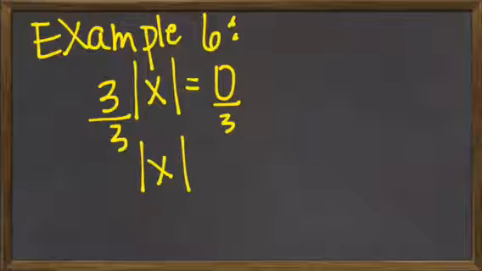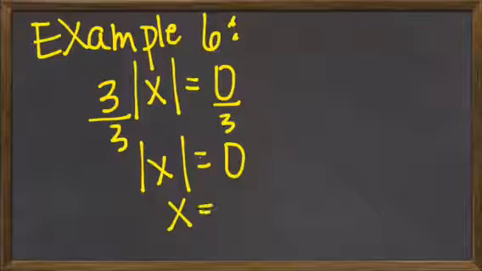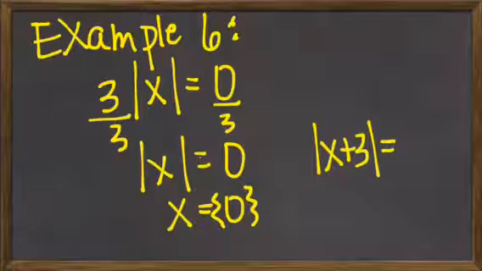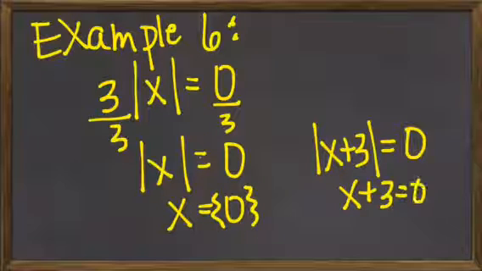So we get the absolute value is equal to 0. Well, there's no positive and negative 0. So you just say, hey, what's inside here is equal to 0. And that is your solution. If it would have been the absolute value of x plus 3 equal to 0, you would have just solved x plus 3 equal to 0 and said, hey, x is negative 3.